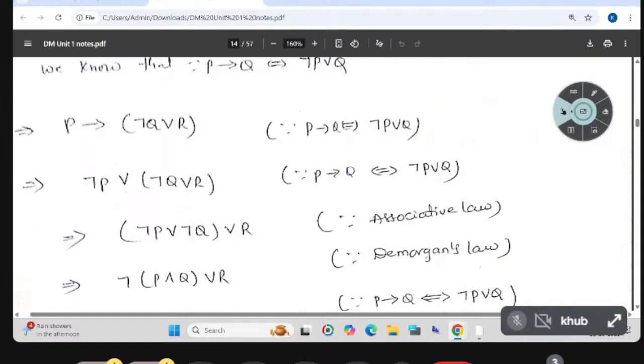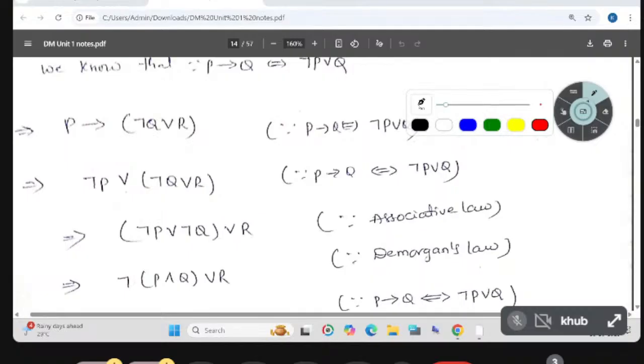Again I am using the formula P implies Q is equivalent to negation P or Q. So when I am substituting these values, how can I write? Negation P or negation Q or R I can write.